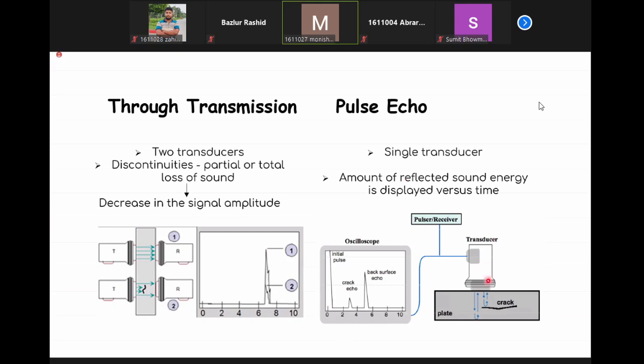For pulse echo, there's only one transducer. It sends and receives the signals itself, and after analyzing, it gives a plot like this. For the back surface, the magnitude is higher, but the signal reflected from the crack is lower in magnitude.